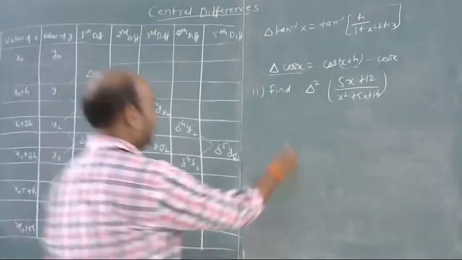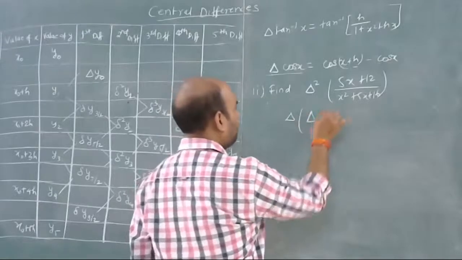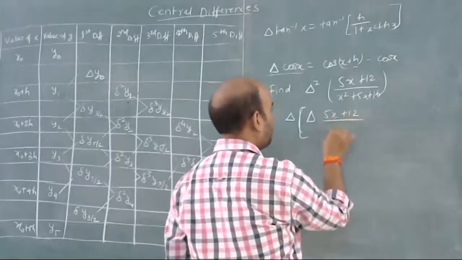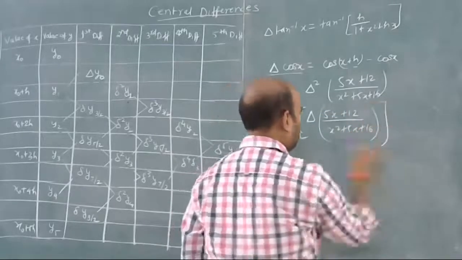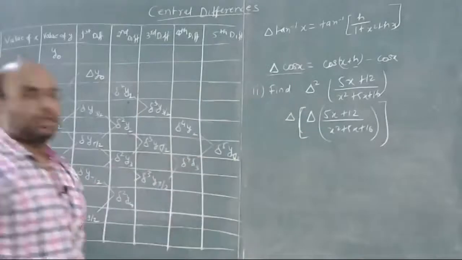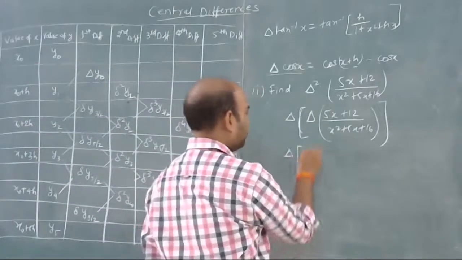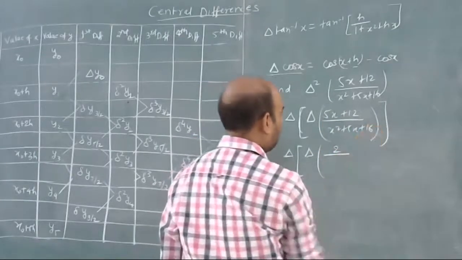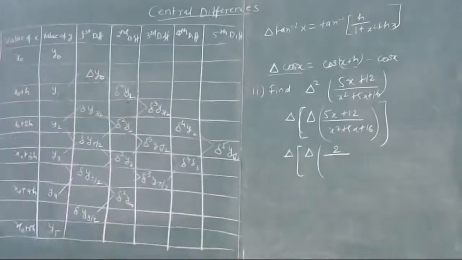Now it can be written as del into del of 5x plus 12 divided by x square plus 5x plus 6.